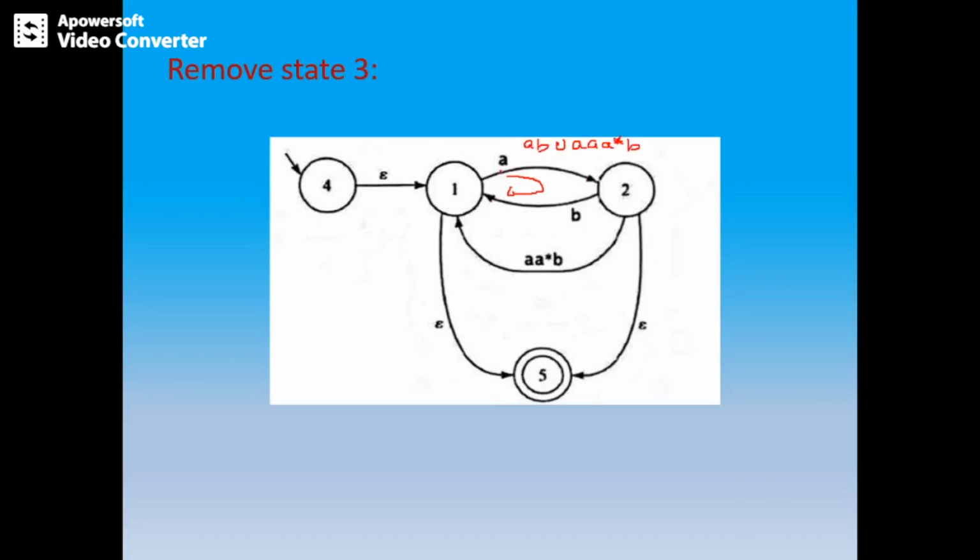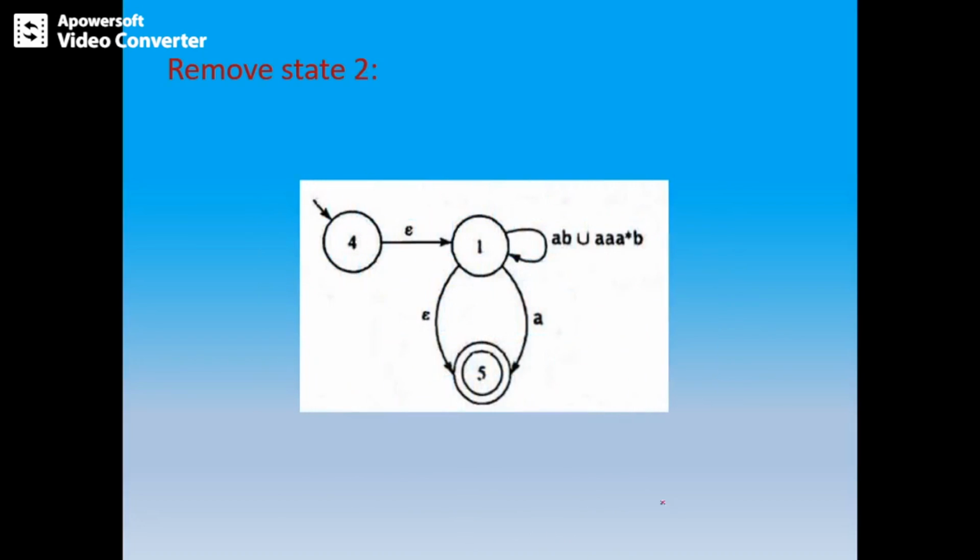Also, 1 to 5 is connected as A. So 1 to 2 is connected as AB union A star B, and 1 to 5 is connected as A epsilon, which is A. So you can see what we have got after removing state 2.